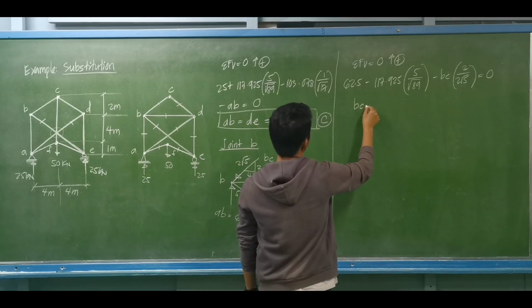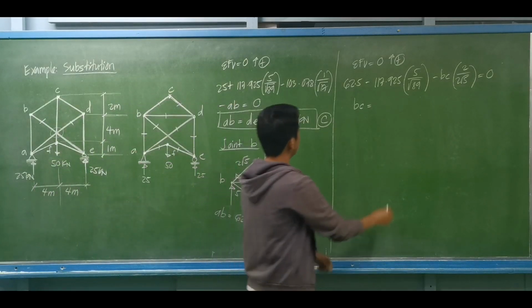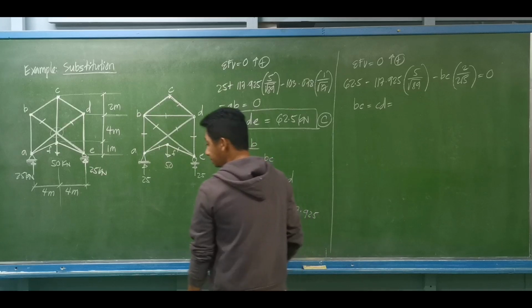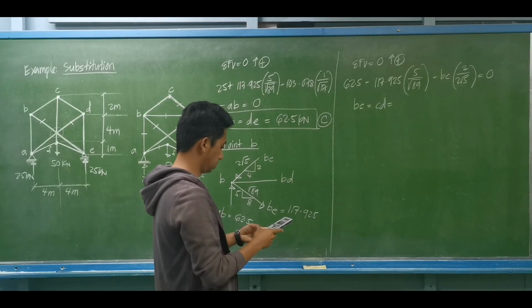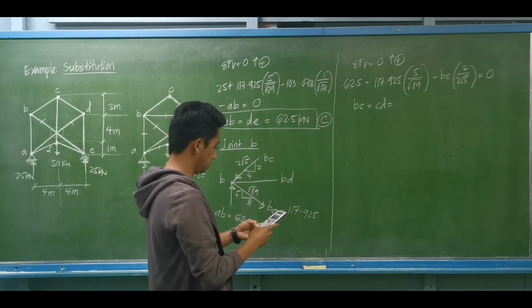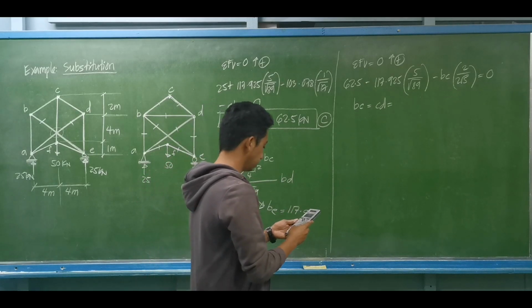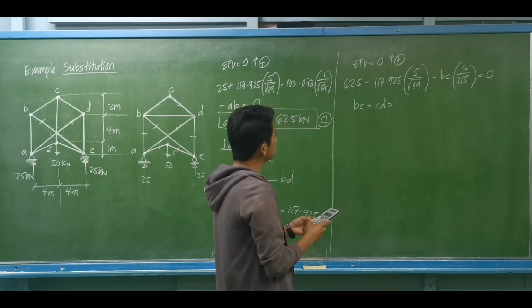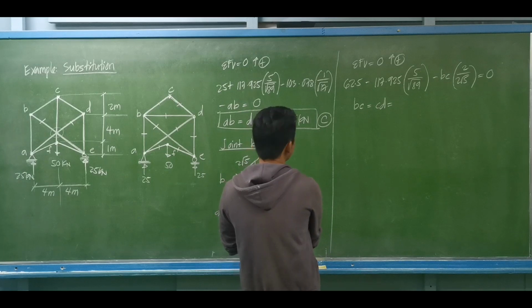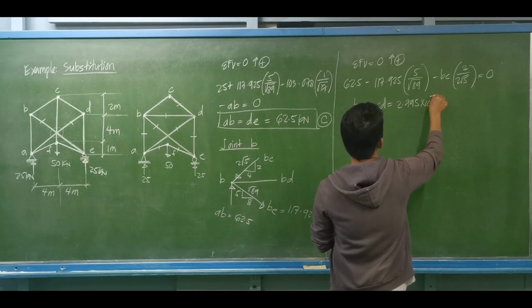So let's compute for the magnitude of BC. Again, member BC is similar to member CD, so the same as CD. And that is equal to 2.795 times 10 raised to negative 4.